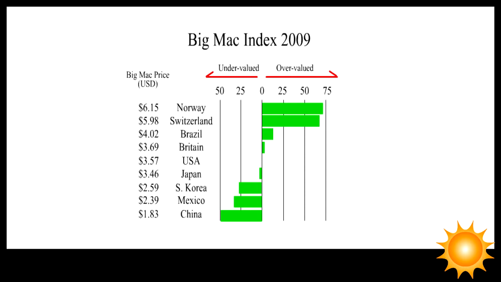Norway had the most expensive Big Mac because its local currency, the kroner, was overvalued by 72%. And China had the least expensive Big Mac because the local currency, the yuan, was undervalued by 49%. Maybe your next hunger trip should be to China?